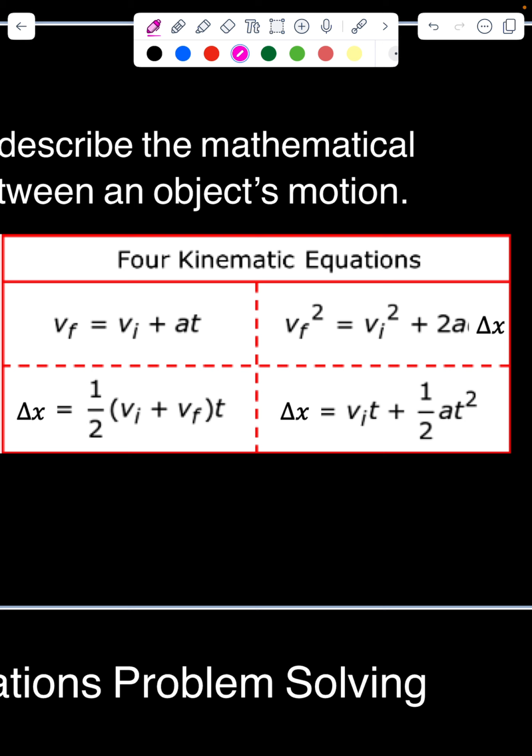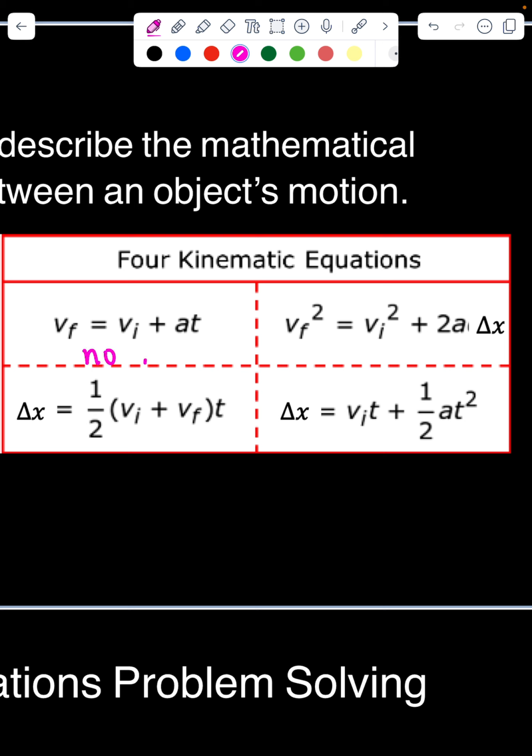I want you to look at each of these equations. Let's look at this top left one. We have V final, V initial, acceleration, and our time interval. The one variable out of the 5 that we are missing is our displacement.